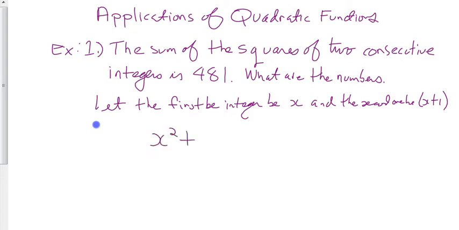We're going to square them and add together. So the sum of the squares of two consecutive integers is, which in math translates to, equals.